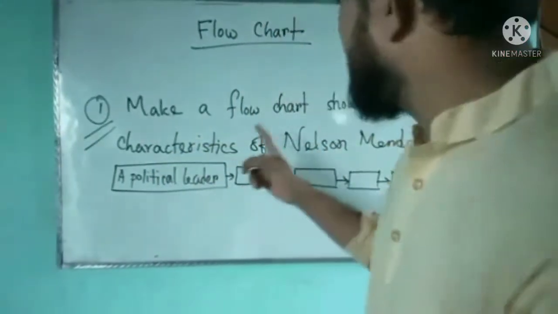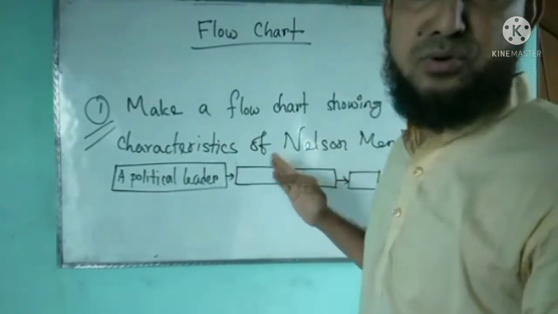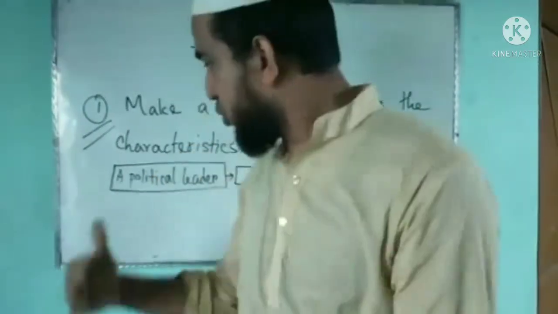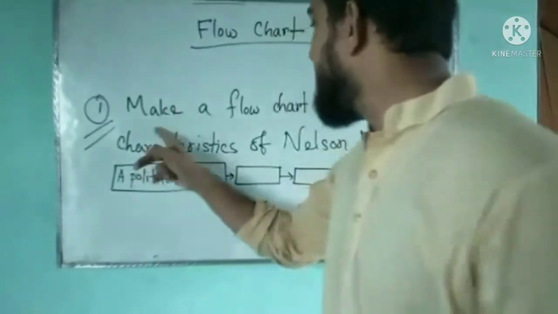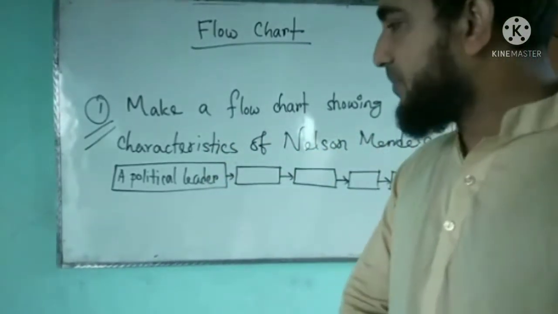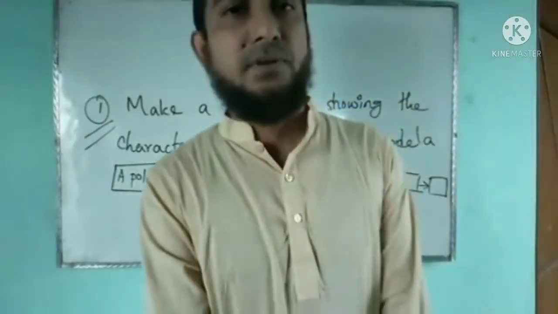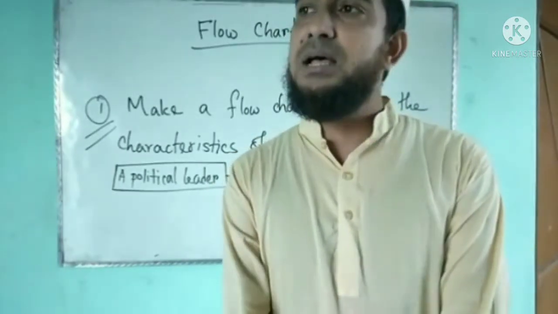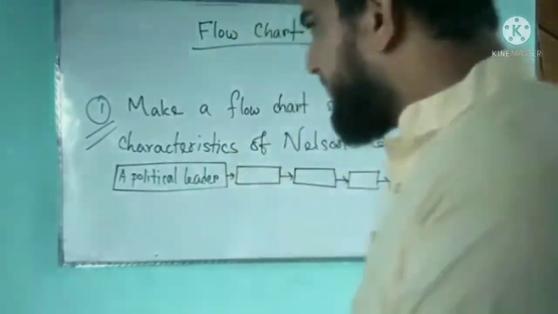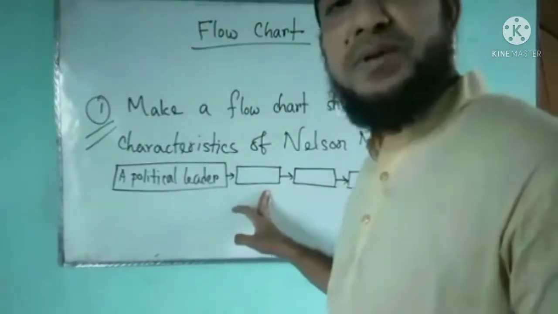If the question is make a flowchart showing what the Bengali people demanded from West Pakistan, to the government of West Pakistan in 1971, we can write: to get political freedom, to get economic solvency.